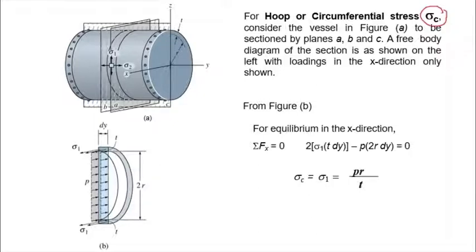The first one is A, the second one is B, and the third one is C. A and B are sectioning planes perpendicular to the length of the cylinder. Okay, and C is in the longitudinal direction or lengthwise, which will split the cylinder into two halves. So what we need is just a portion of the cylinder which we have taken out. So we take it out as shown in diagram B below.